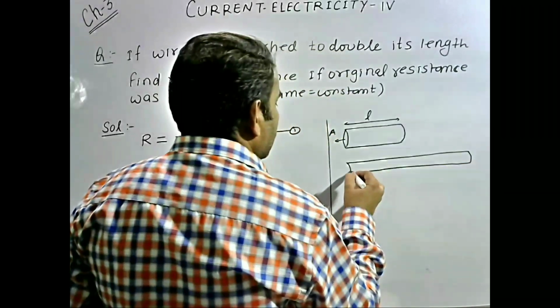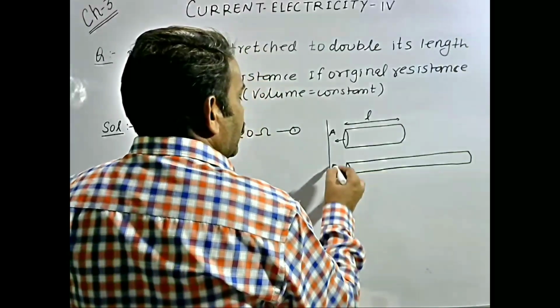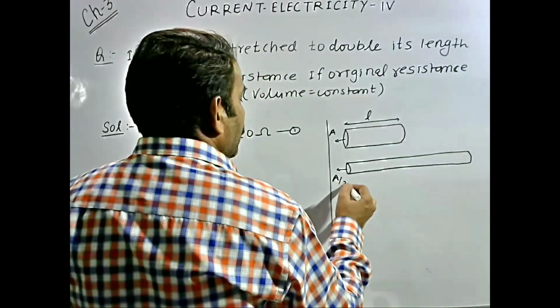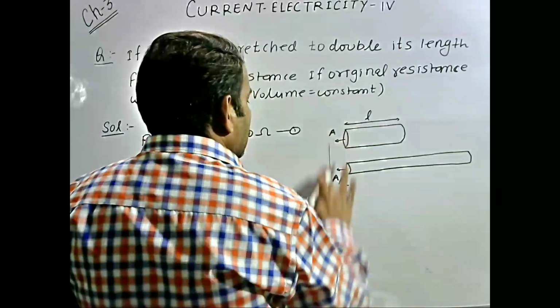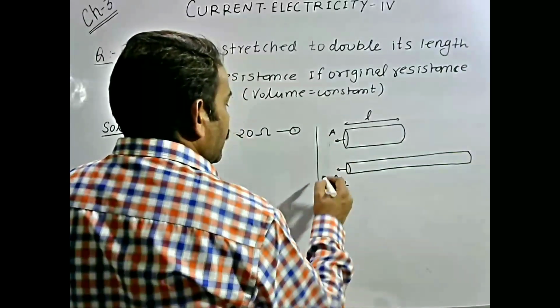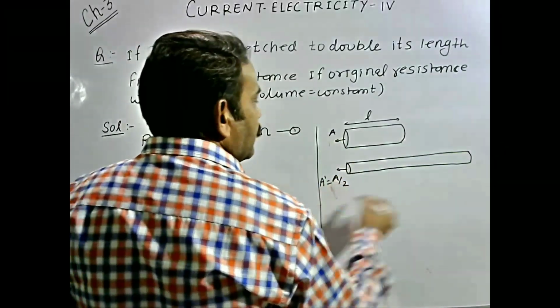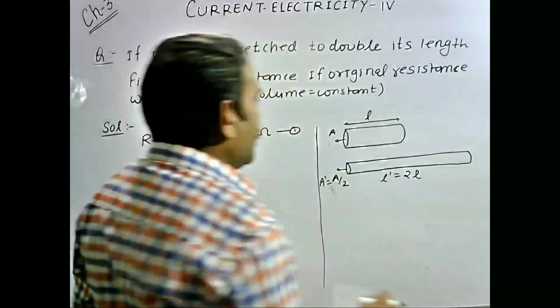As a result, the area becomes half, A by 2. A dash equal to A by 2 and length L dash becomes equal to 2L.